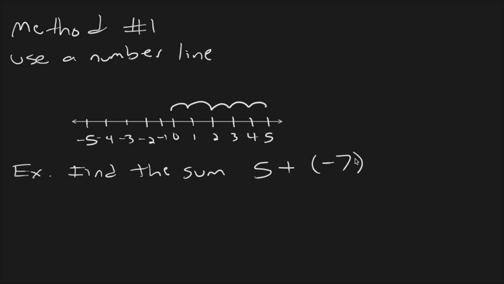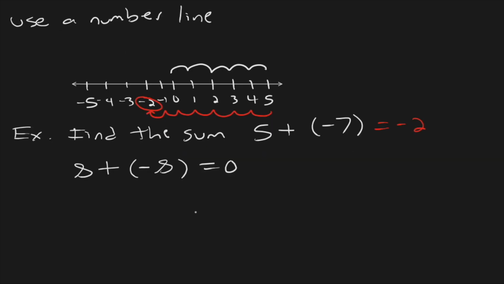And from there we're going to move 7 units to the left. 1, 2, 3, 4, 5, 6, 7. We end up at -2. So the sum of 5 and -7 is -2. So keep in mind the sum of a number and its opposite always equals 0. For example, 8 plus -8 equals 0.